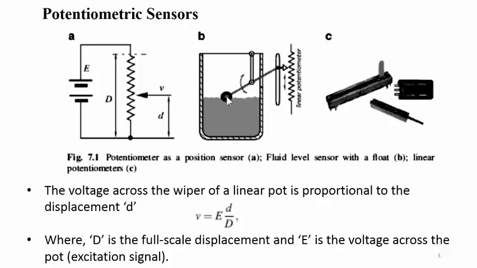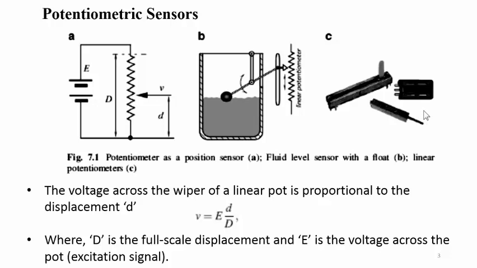Automatically the shaft connected to the wiper moves, so the wiper moves on the resistive material of the potentiometer, and depending on this movement we get the output voltage with the help of this circuit arrangement.